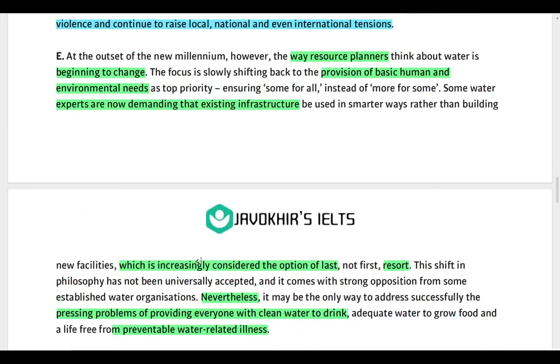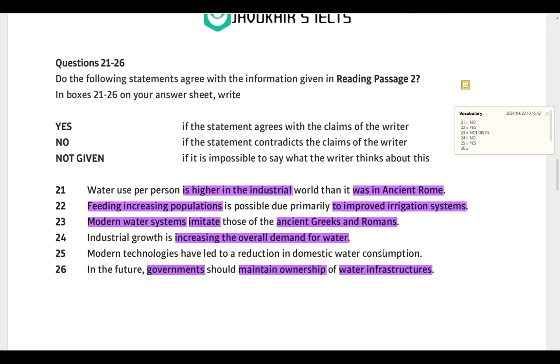And there was another one saying that existing infrastructures should be used in smarter ways. However, there's nothing about ownership, meaning to own, to control, to be a private portion or a private aspect, or let's say a private property of the government. So the answer for that is definitely not given, because it's saying nothing about ownership.